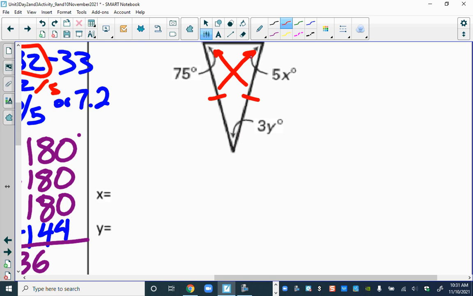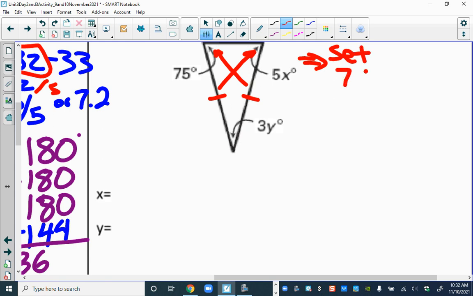Okay, all right. So since congruent sides have congruent opposite angles, what will be the relationship with the 75 and the 5x? They're congruent, equal measures. I like that first step.